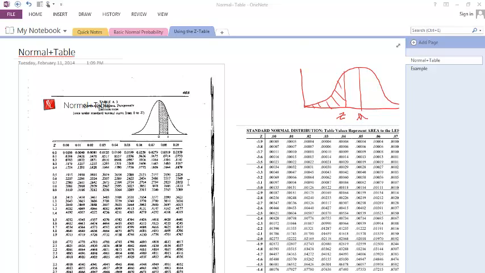There's a number of different types of tables. I'll show you two. There's one on the left and one on the right.